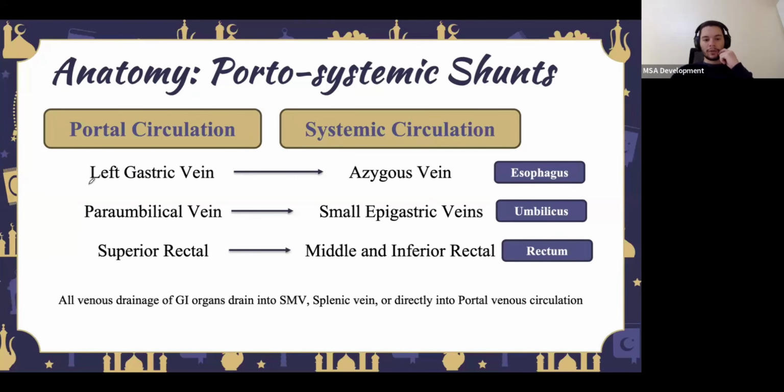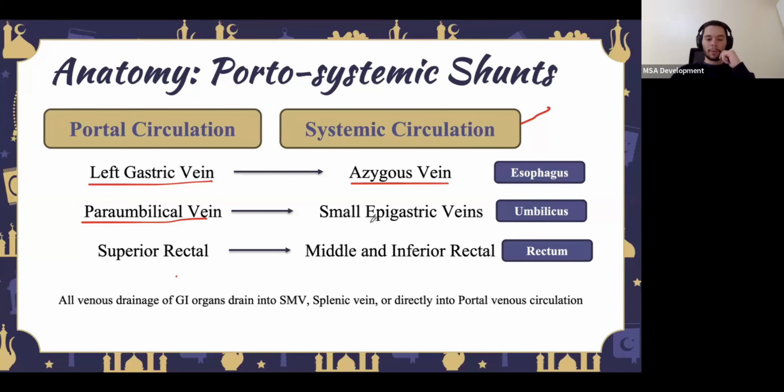For example, you have your left gastric vein, which drains into your portal circulation, is connected to your azygous vein. Similarly, you have your paraumbilical vein, which drains into the portal circulation. It's connected to your small epigastric vein, draining into your systemic circulation or directly into your IVC. Finally, you have your superior rectal vein draining into the portal circulation. It's connected to your middle and inferior rectal veins.